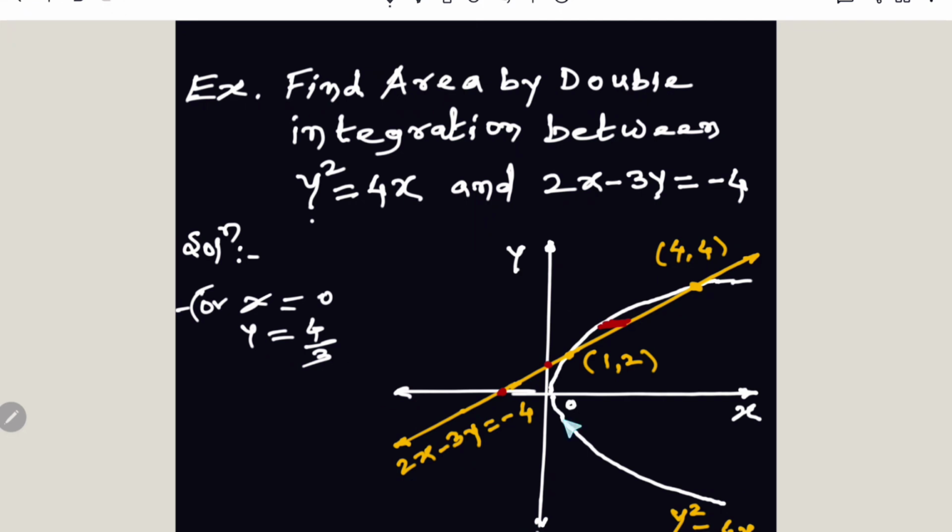Therefore, when x is 0, y is 4 by 3, one point something. This point I have shown by red color. That point is 0, 4 by 3.